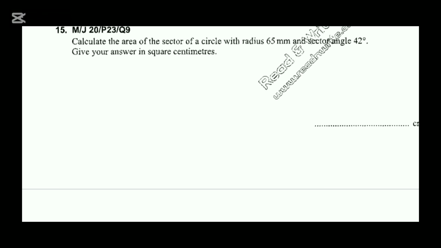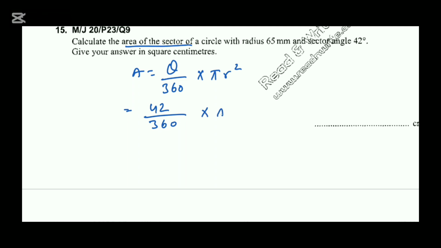Okay, next question is calculate the area of sector of circle with radius 65 mm and sector angle 42. Give your answer in square centimeters. The area of sector formula will be used: theta over 360 multiply pi r square. Angle is 42 over 360 into pi r square.